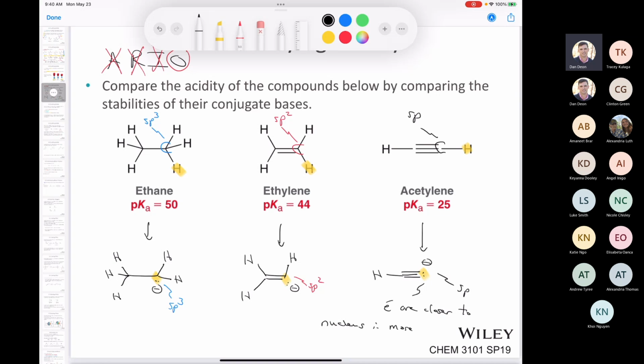Therefore, they are most stable compared to the other 2. And this most stable conjugate base means it comes from a stronger acid. And we can see that acetylene is clearly a much stronger acid than ethylene or ethane.